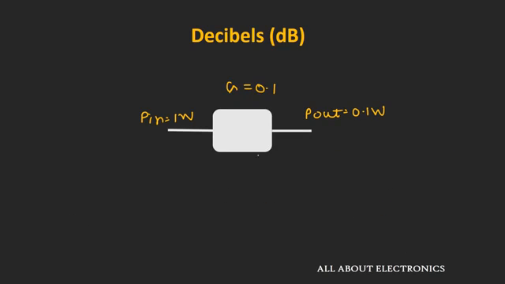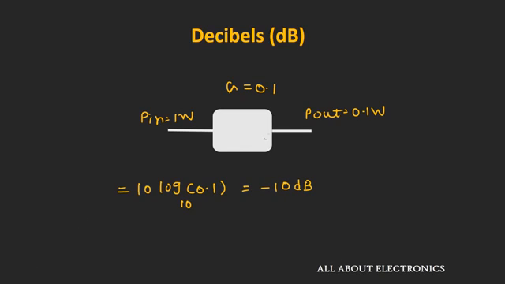Similarly, let us say we have one particular system which provides attenuation. So whenever you are providing the input of 1 watt, then at the output you are getting 0.1 watt. So we can say that the gain of the system is 0.1. So in decibels, it can be represented as 10 log of 0.1, that is equal to minus 10 dB.